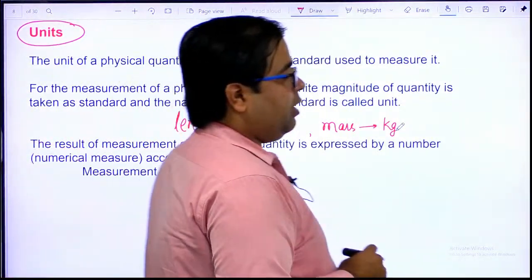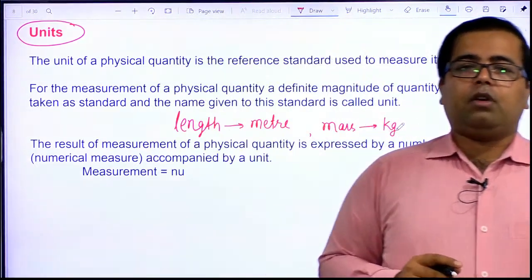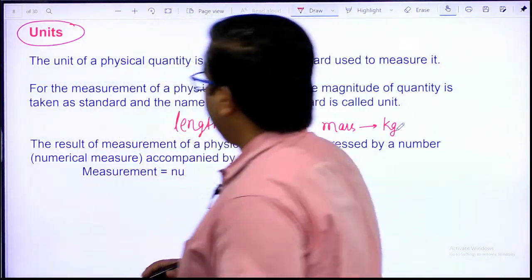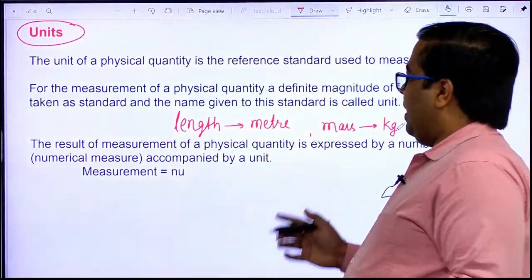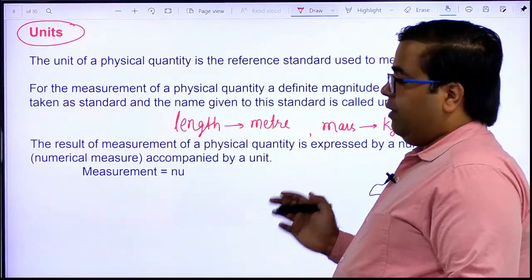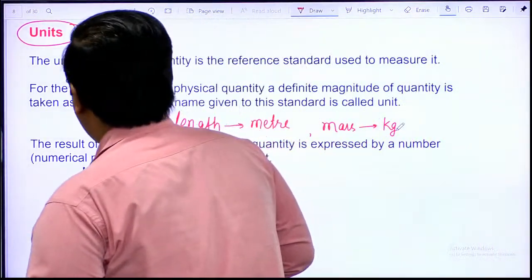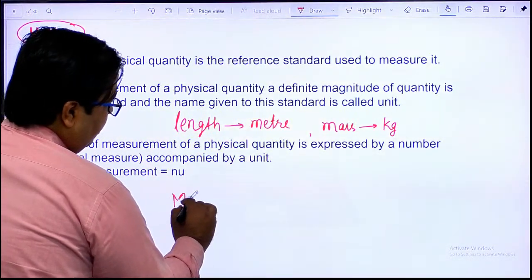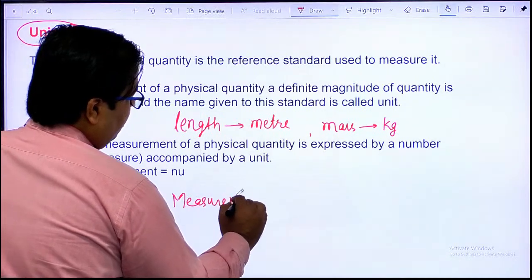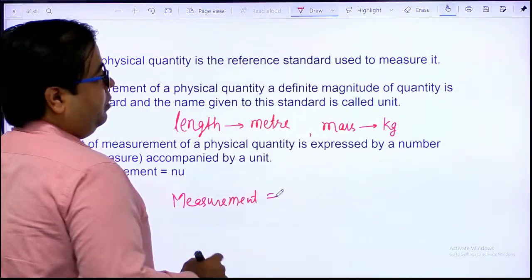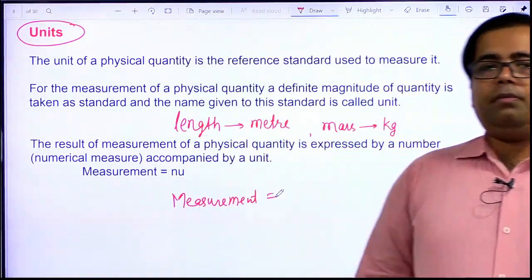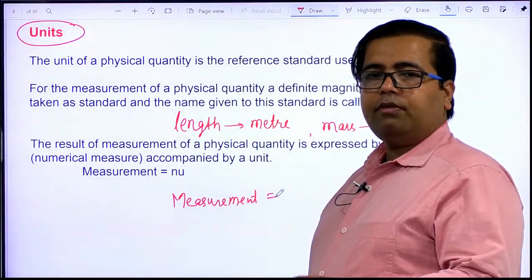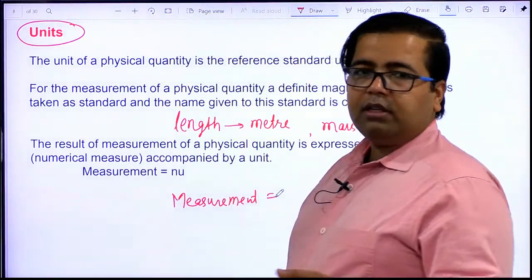So every physical quantity is represented in terms of a unit. After measurement, every physical quantity is written like this: measurement is equal to n times the unit. Here n gives you how many times the standard or reference we have taken is.